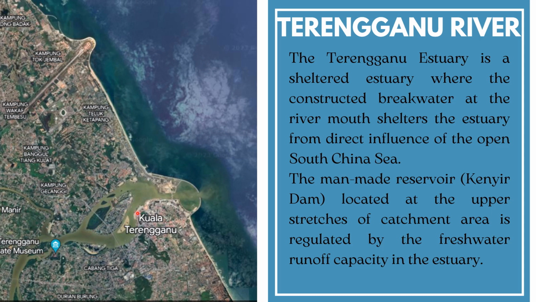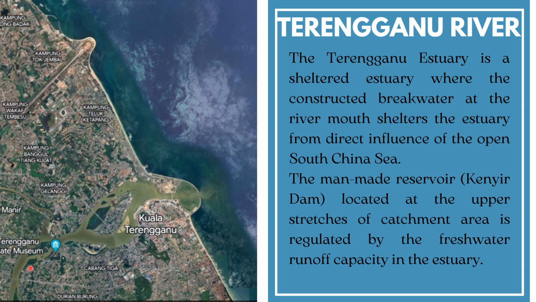It is because of the sedimentation issue, where the flushing rate is slightly lower, and because of that, all the sediment traps inside the river and forms the islands rather than being flushed out to the sea and then supplied to the beach along the East Terengganu coast.